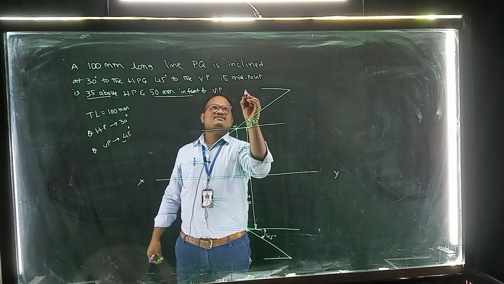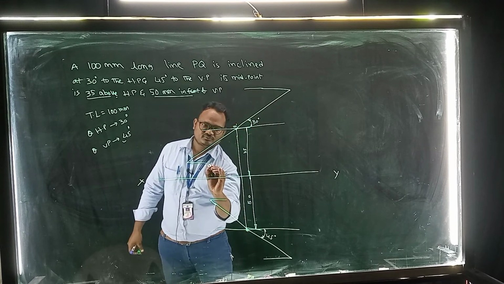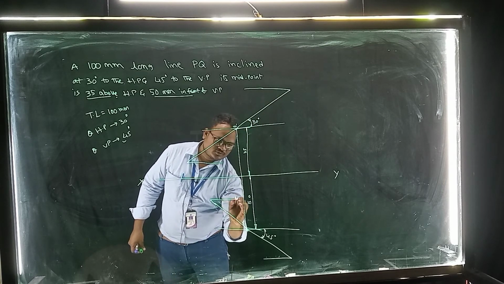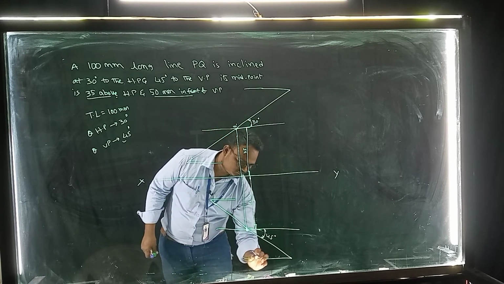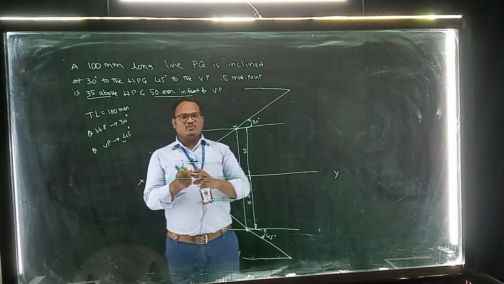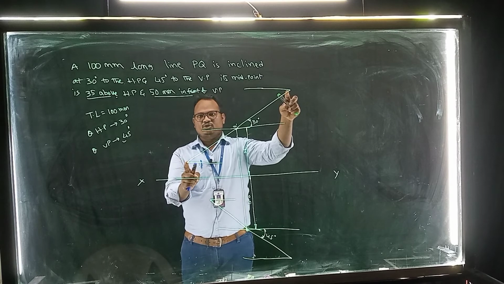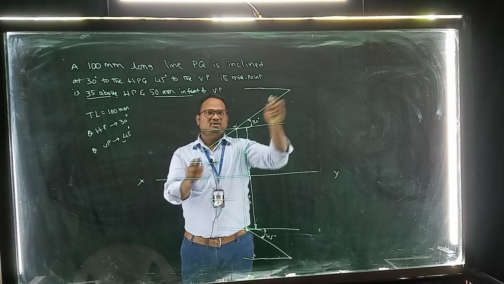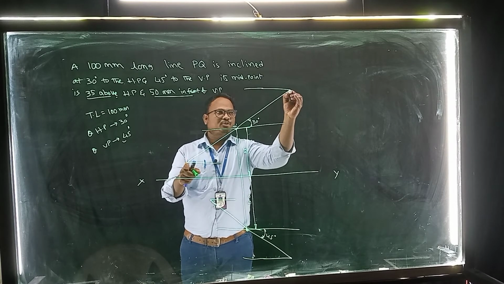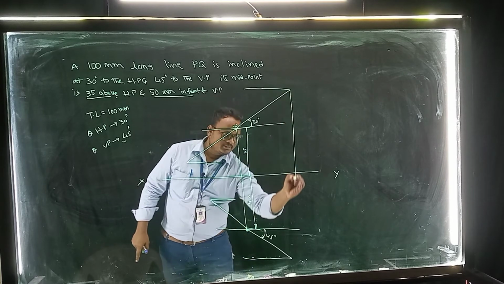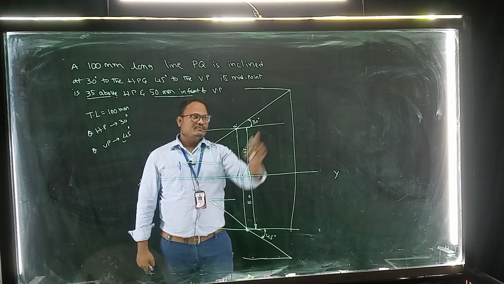Okay. So just extend the locus lines like this. Now take this true length, and from this true length project downwards up to this midpoint.